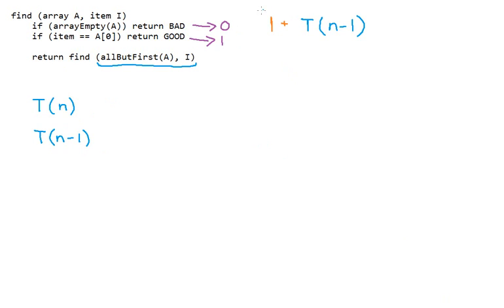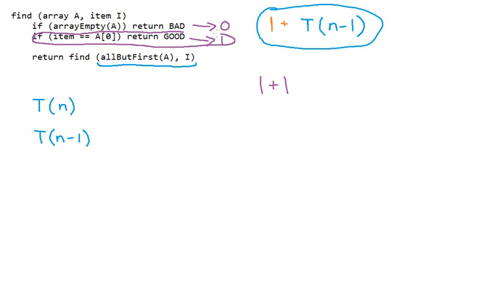So if we take what we have so far for our recurrence relation up here, and we repeat it for every single time that we do our recursion, we'll end up with 1 plus 1, because this 1 up here, this line, oh, I did not circle that very well.